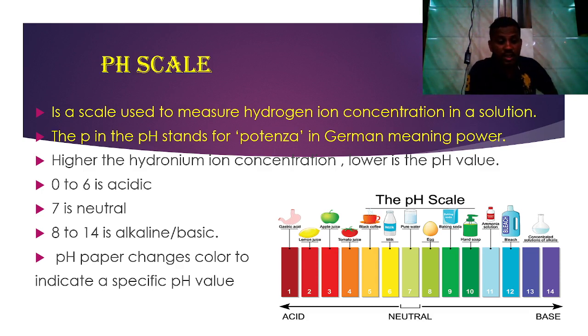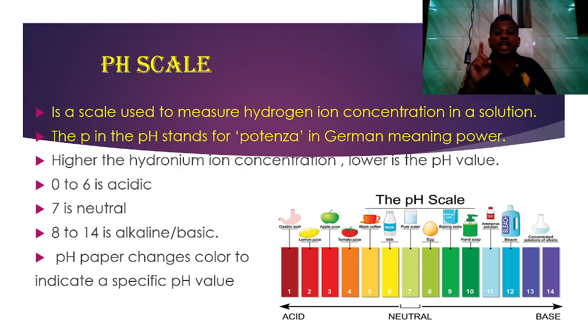Here you can see some pictures on the pH scale: gastric acid, lemon juice, apple juice, tomato juice, black coffee and milk. All these items come in the acidic range.